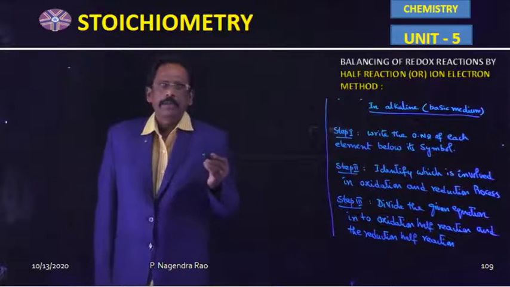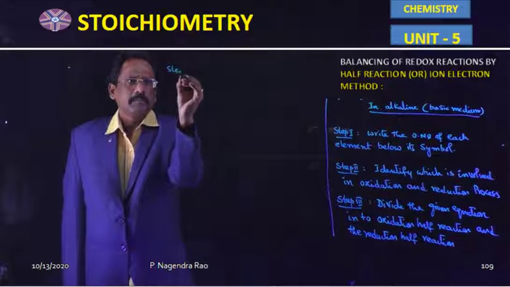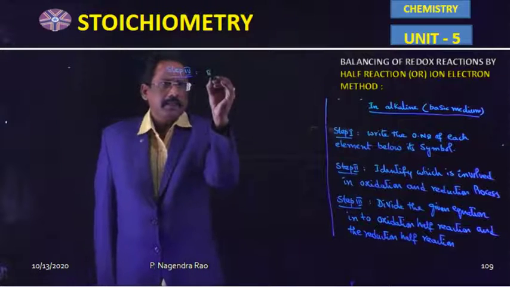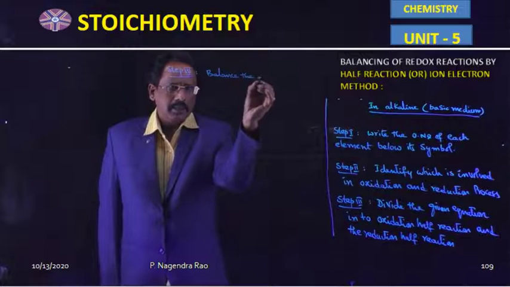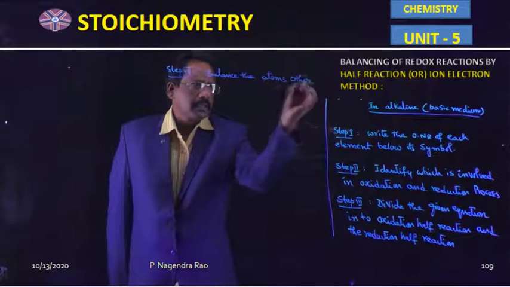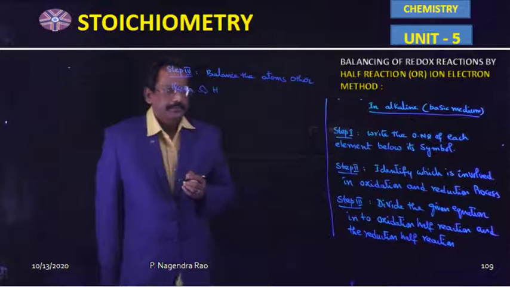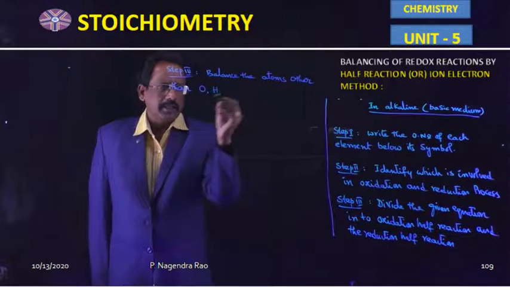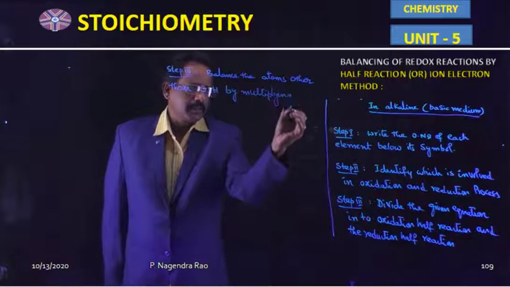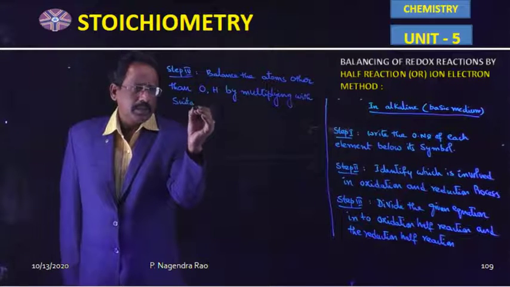Now, next step is balance the atoms other than oxygen, hydrogen by multiplying with suitable number.